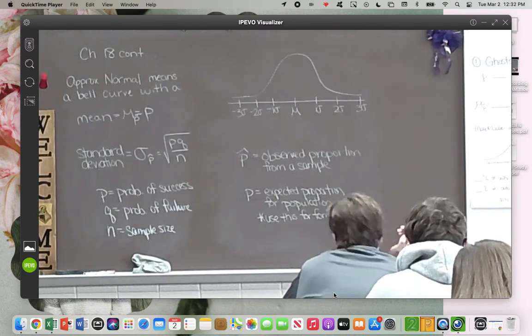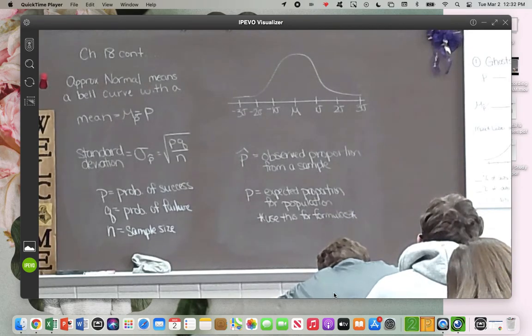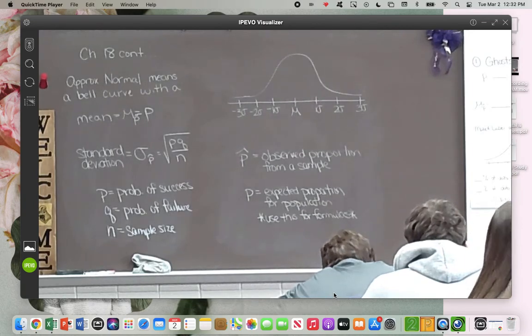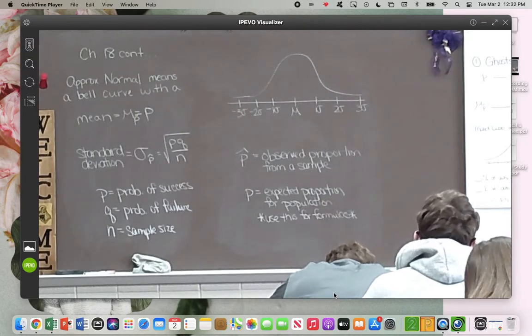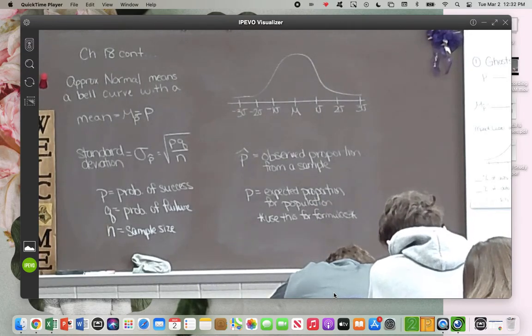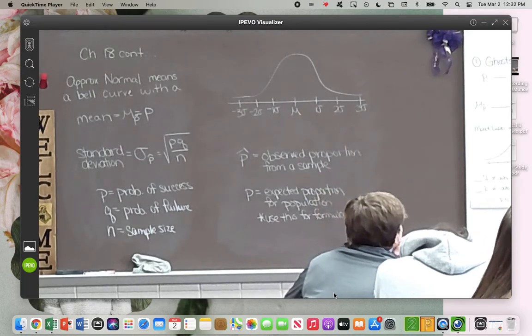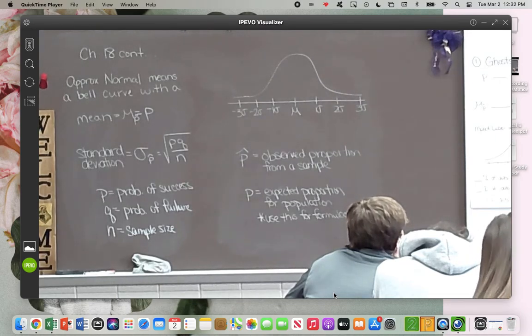That is an observed thing that actually happens, but for our formula, we use the expected proportion for the entire population. So if you're given two proportions or two probabilities, always make sure when you're plugging into the formula, you use the one that goes with the population and not the sample. We won't get to that until example 4, so for the first 3 examples, we won't have to worry about that.